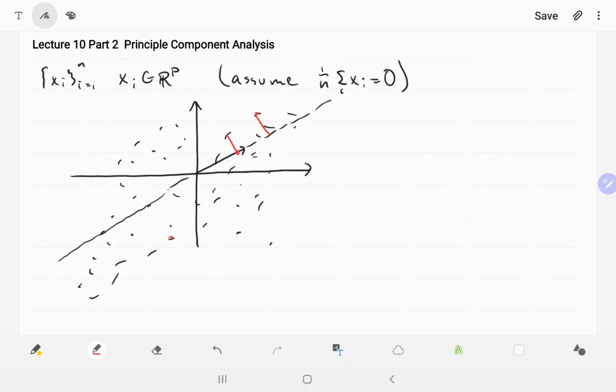The points here that I've outlined are our depiction of the projections of these data points onto this subspace. Critically, these starred points are precisely the reconstructions of x using this low-dimensional space. The starred points are still vectors in 2 dimensions.